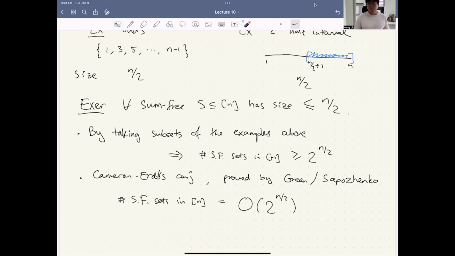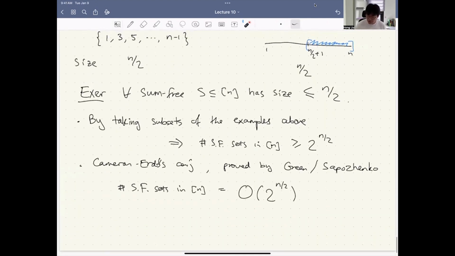Good. So while asking this question, Cameron and Erdős also asked the question of maximal sum-free sets, as in the triangle-free and maximal triangle-free business. We can ask the same.